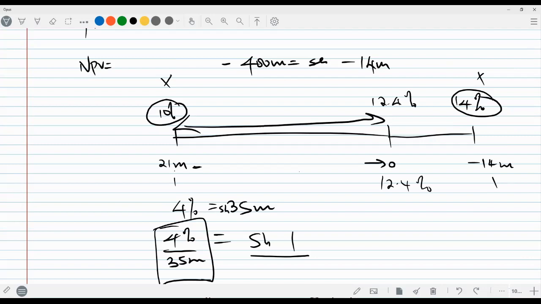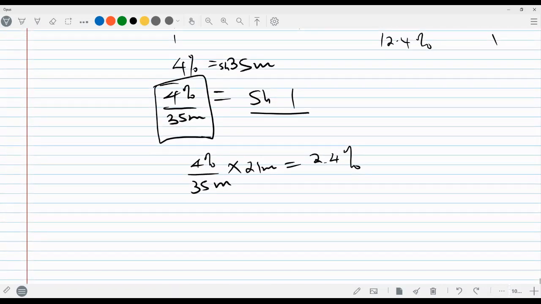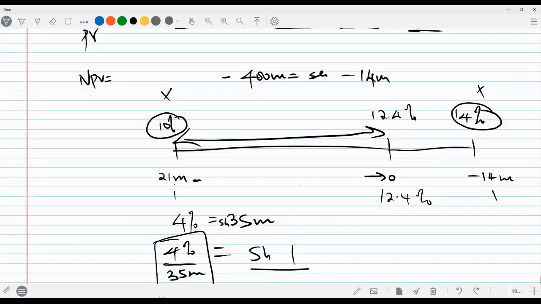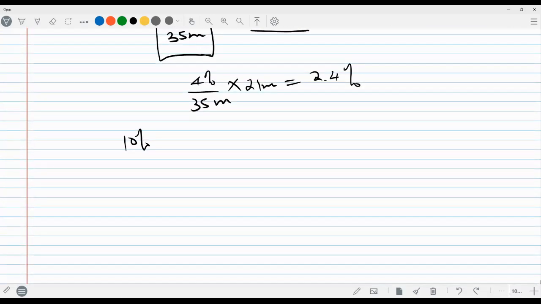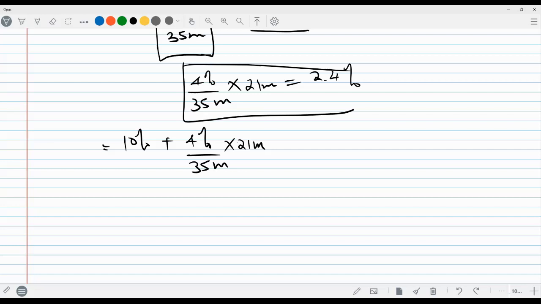And that's how you get the IRR, which, to make it easy, is equal to 10%, which you add here, plus 4% divided by 35 million times 21 million. This is what you have here already.